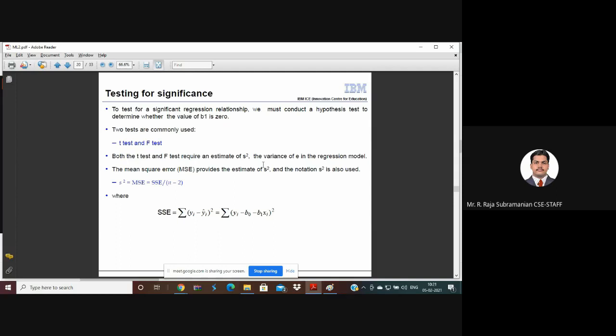I need to take both input and output and do some testing here. There are many testing schemes available, starting from a very basic t test, chi-square test, f test. Many tests are available. These tests are a must, and we need to do them.